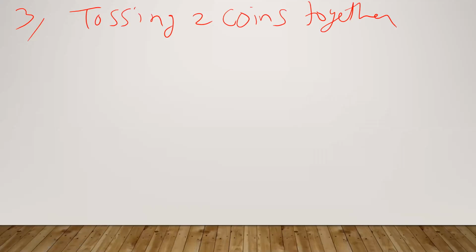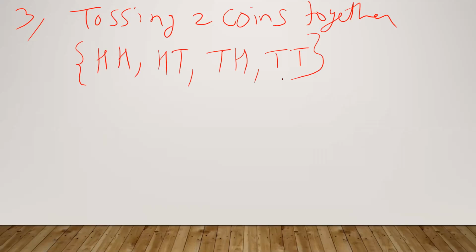You have to list all the possibilities. Okay, so it may happen that both land in H and H, both give you head, or the first one head and the second one tail, or the first one tail and the second one head, or both tail. These are the only 4 possibilities, and this I call the sample space. So here n of S will be 4. So the number of sample points in S will be 4. Okay.